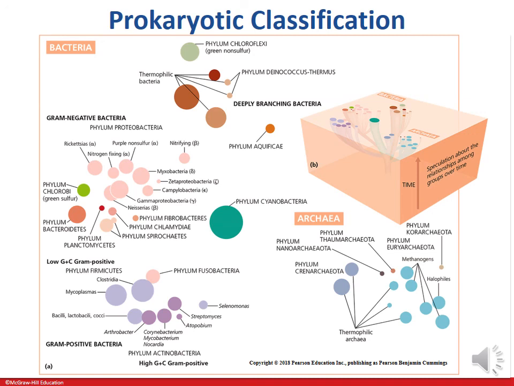First of all, the size of the disk represents how many known species of that group there are. The distance between disks represents how closely related they are. The color also indicates that they're closely related, basically.